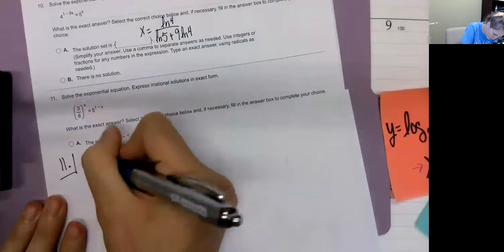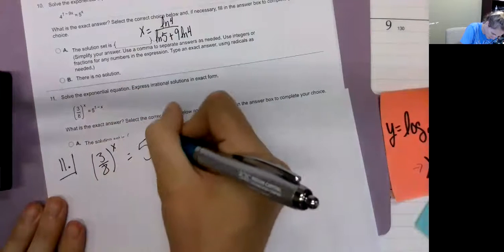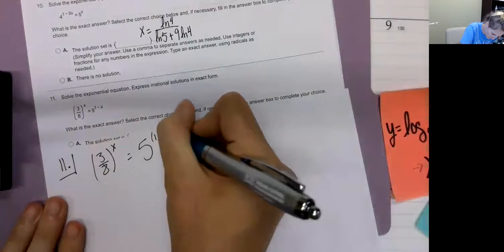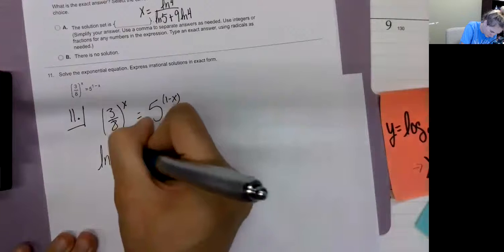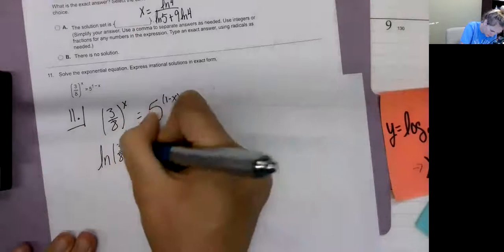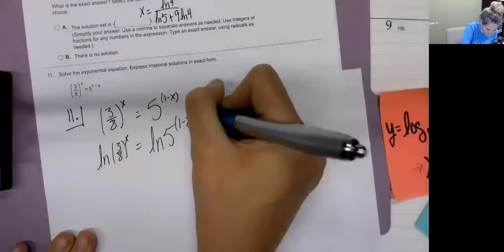So we have 3/8 to the x equals 5 to the 1 subtract x. Same thing like we did on the last one, we're going to have the natural log of 3/8 to the x equals the natural log of 5 to the 1 subtract x.